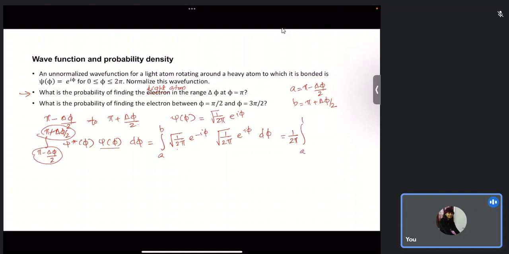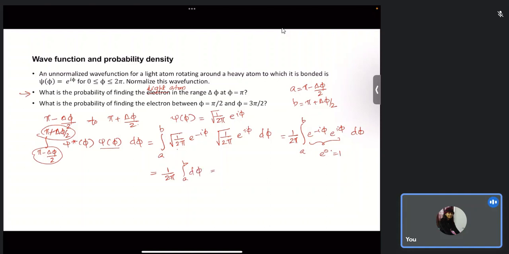We integrate over a to b e raised to minus i phi e raised to plus i phi d phi. This is going to be e raised to 0, which is equal to 1.